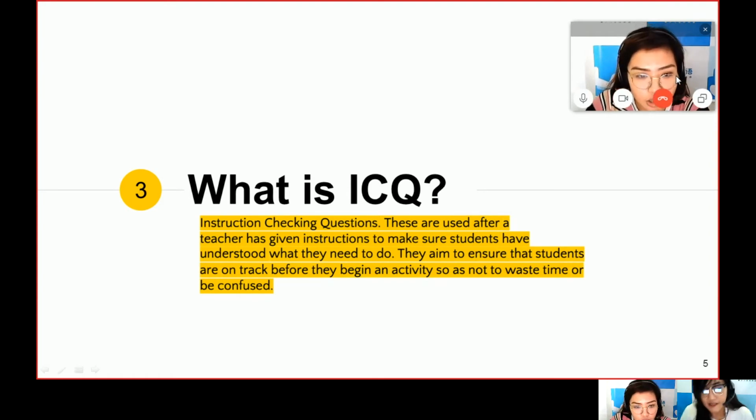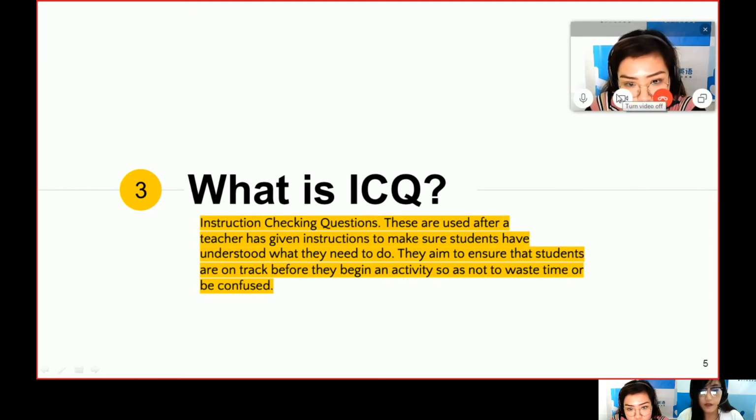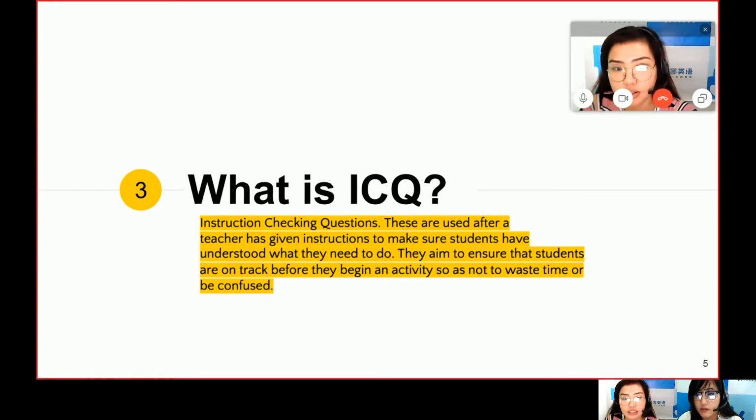Okay. Instruction checking questions. These are used after a teacher has given instructions to make sure students have understood what they need to do. They aim to ensure that students are on track before they begin an activity so as not to waste time or be confused.